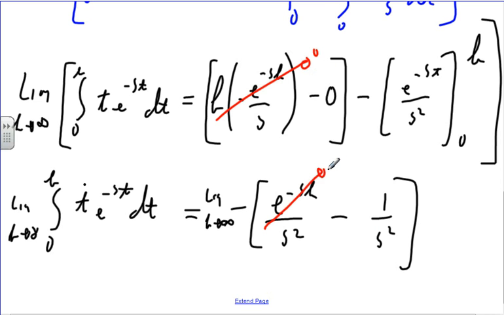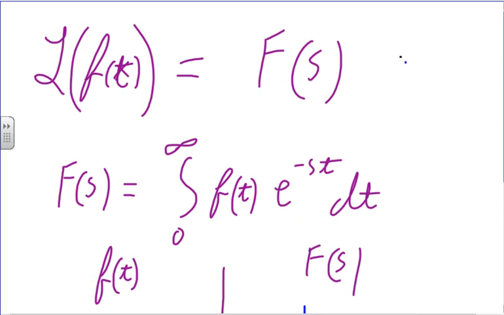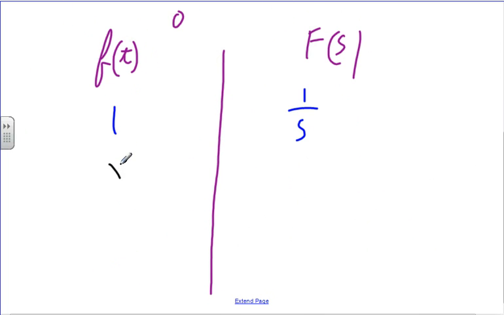That guy goes to 0. This guy goes to 1 over s squared. Thank you very much. Now we know that if f is x, the Laplace transform is 1 over s squared.